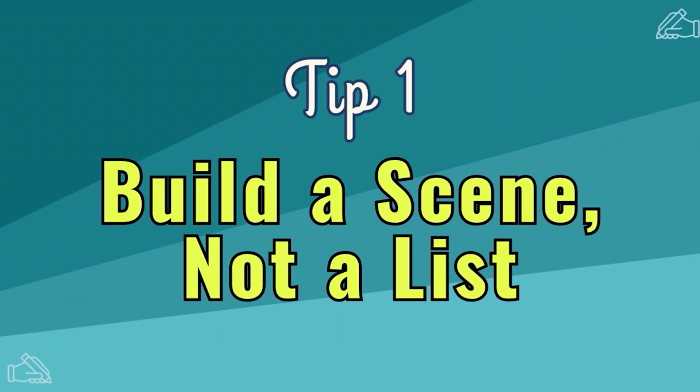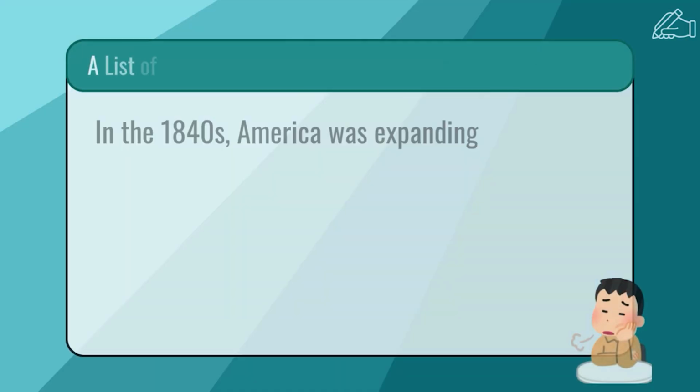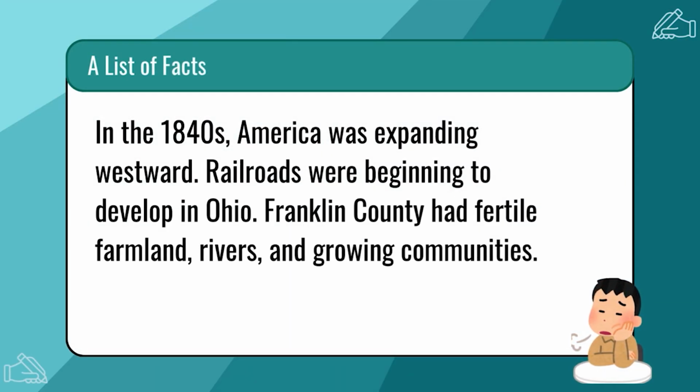So once we stop being generic, we have to realize that building a scene is not about building a list. Because here's what many of us do. We gather historical facts and then we line them up in our story, something like this. In the 1840s, America was expanding westward. Railroads were beginning to develop in Ohio.